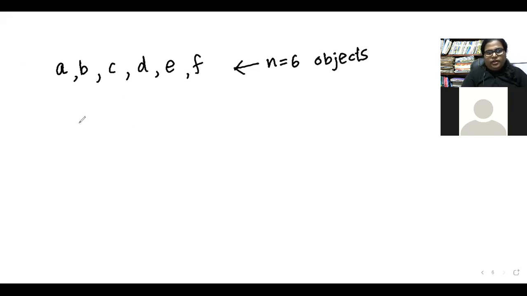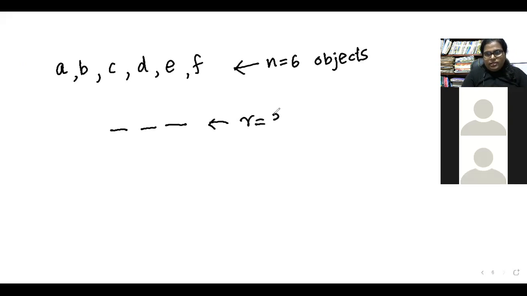Then in the question it is asking to form 3-letter words. That means r equals 3 in our question. 3 selections can be made in our question.